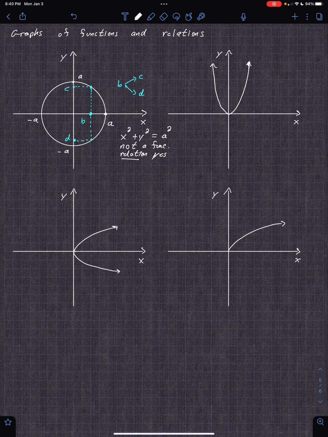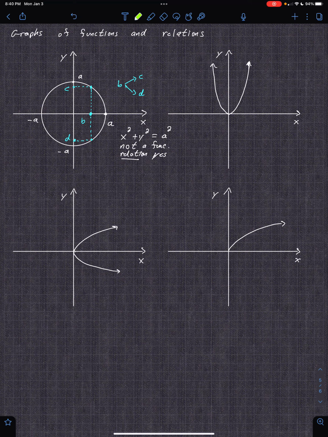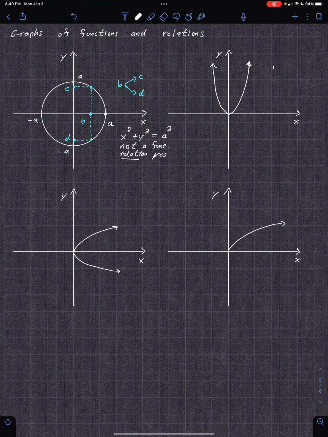Okay, next one. Let's look at this one over here. This is a parabola. This equation we'll just say is y equal to x squared. Okay, and so we'll use actual numbers in this case. So if I put in, say, 2 and negative 2, what do those values correspond to?